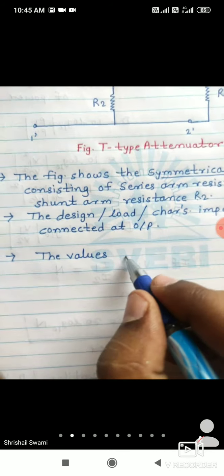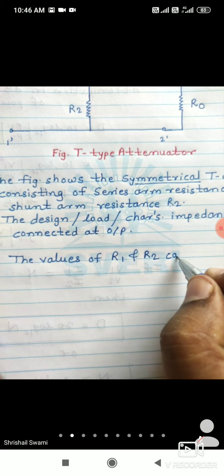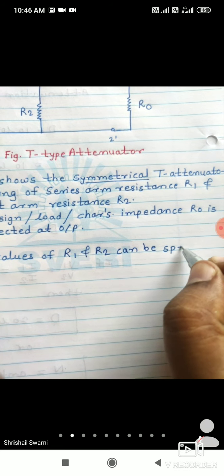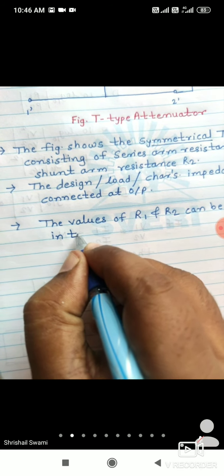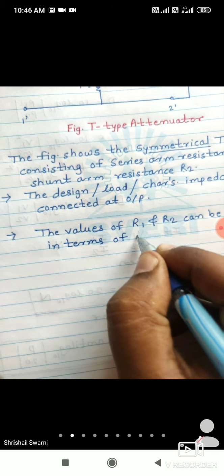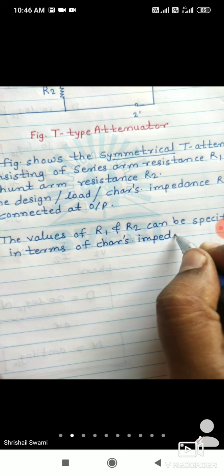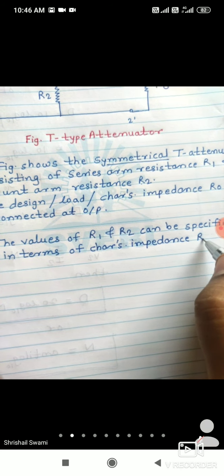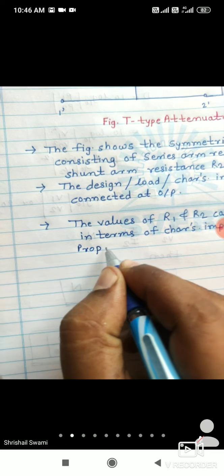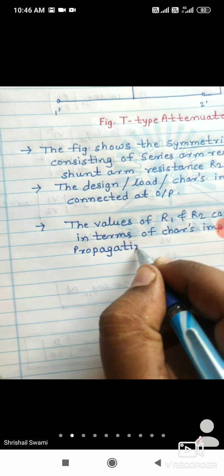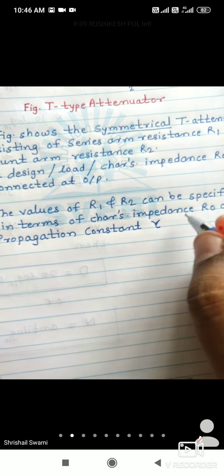Okay, so the values of R1 and R2 can be specified in terms of characteristics impedance or resistance R0 and propagation constant gamma of the network.